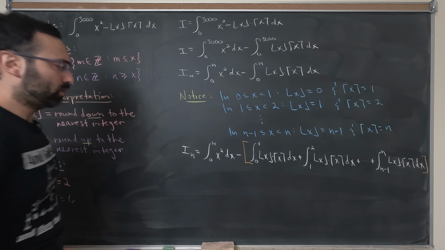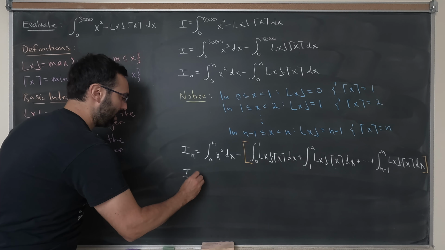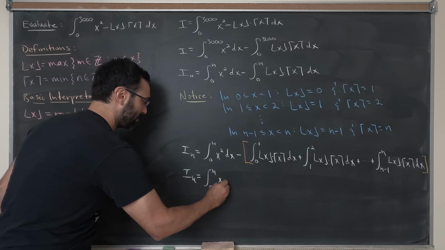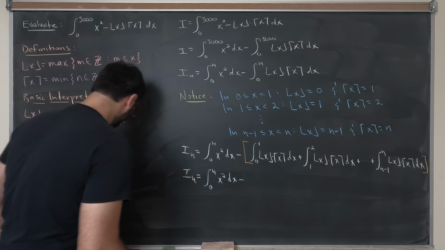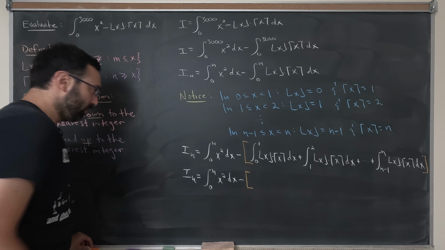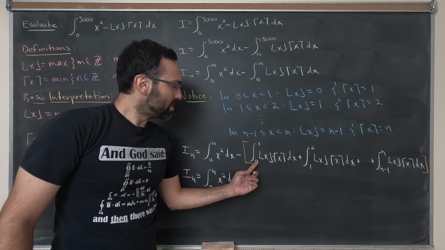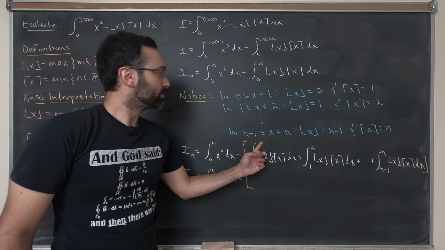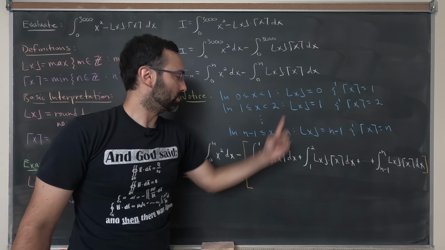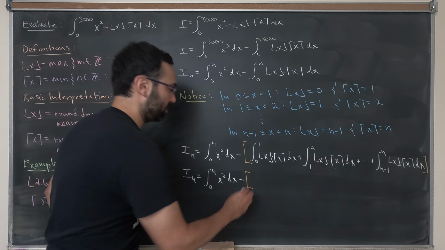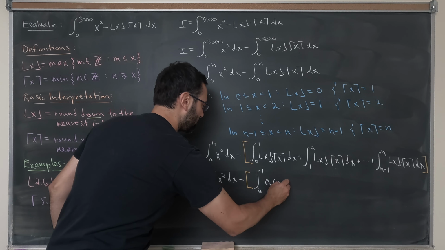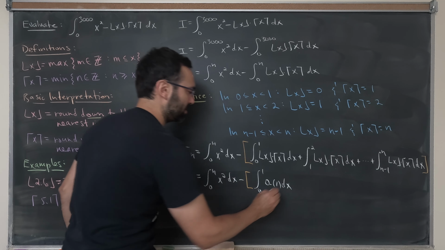And so what does that look like? I of n is this integral here minus, well, in the interval from 0 to 1, the floor of x is 0, the ceiling of x is 1. So we have the integral from 0 to 1 of 0 times 1 dx.